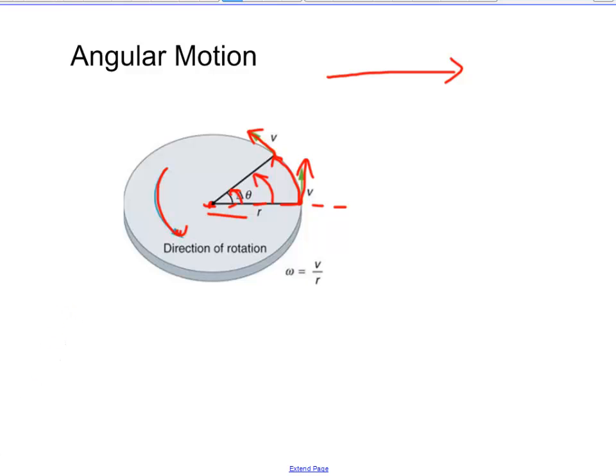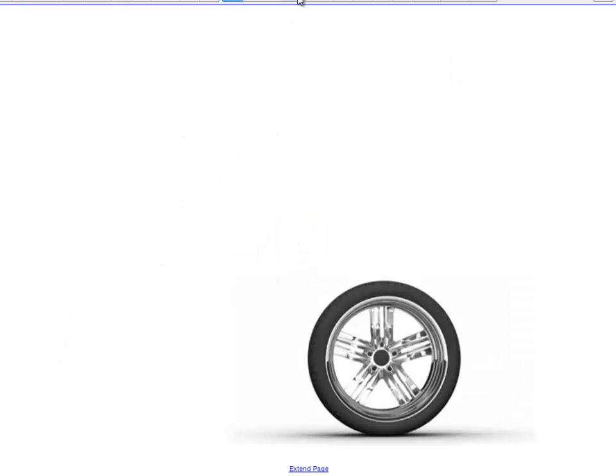It may be easy to consider this if we think about a tire. If we have a tire, it moves along the ground, but it also spins. So down here, we have the ground, and as the tire moves along the ground, we can think of this point on the tire. It's here, it's in contact with the ground, and then it's going to roll, and this point is going to come down in contact with the ground, and this arc length that it covers is equal to the distance that this thing moves across the ground.